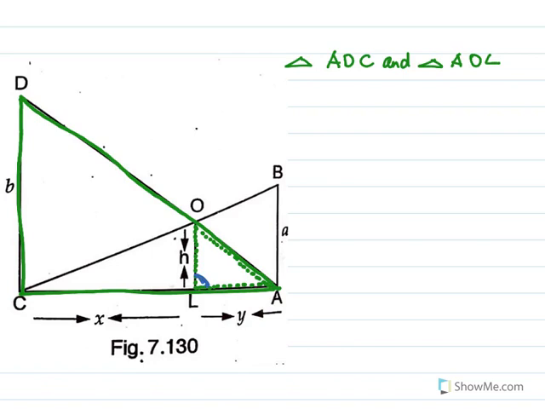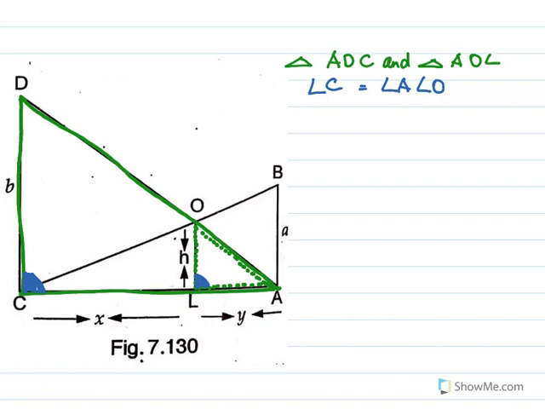So again you have angle L equal to angle C, and the reason is corresponding angles. So angle C equal to angle ALO.